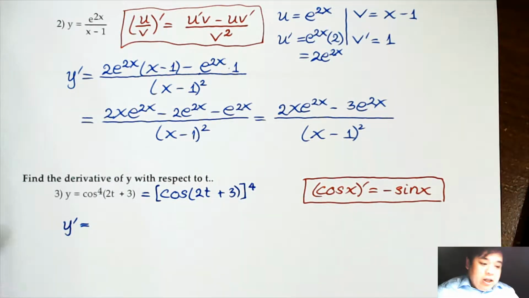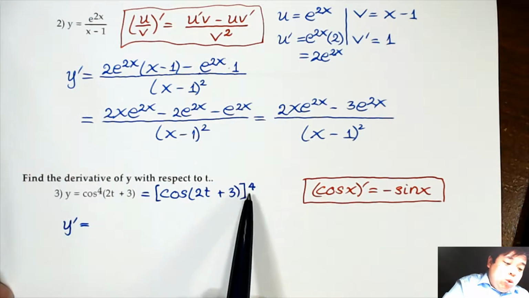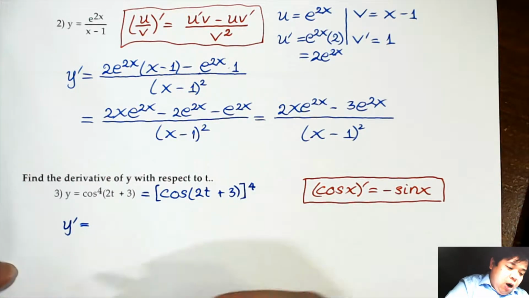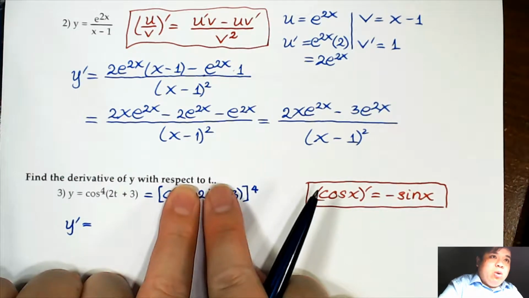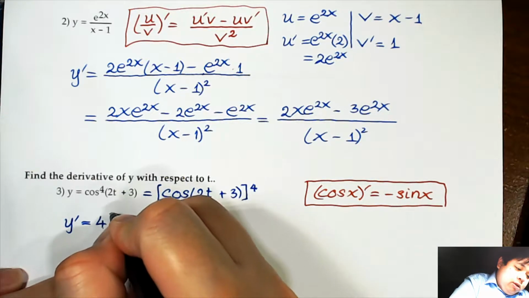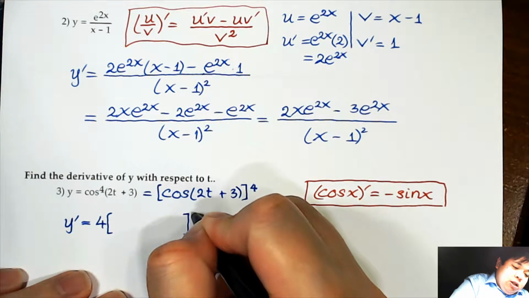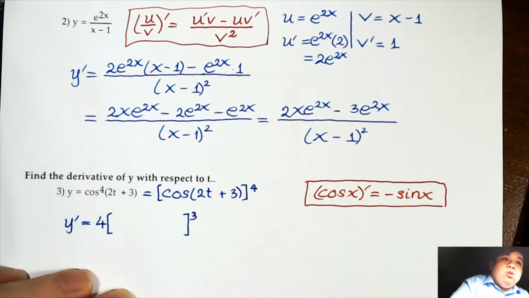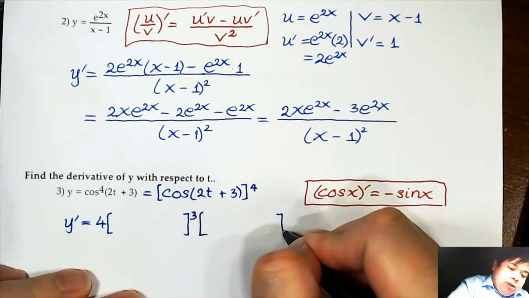In this case we do that with that later. First we have the power 4. That is the power rule. So regardless of whatever inside the bracket, just ignore it. Derivative of the fourth power is 4 times the bracket, and then that power minus 1 is cubed, and then we will take derivative of the bracket.